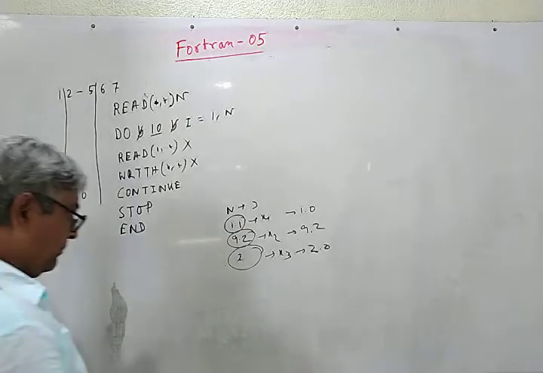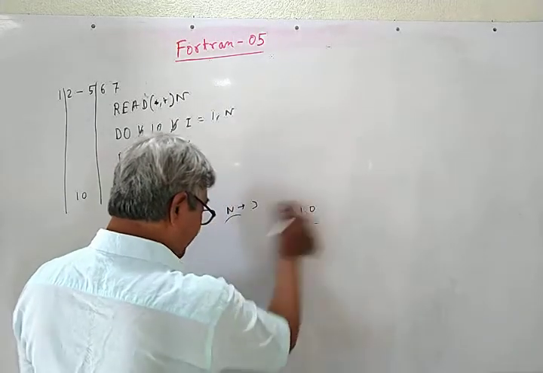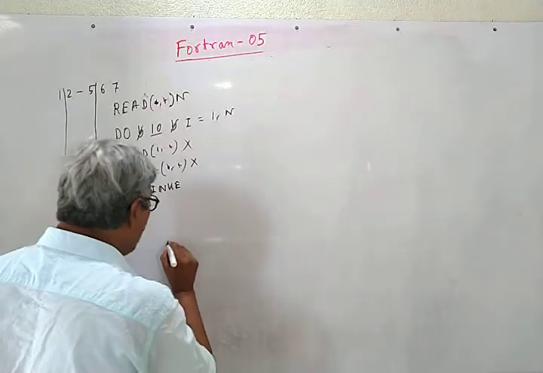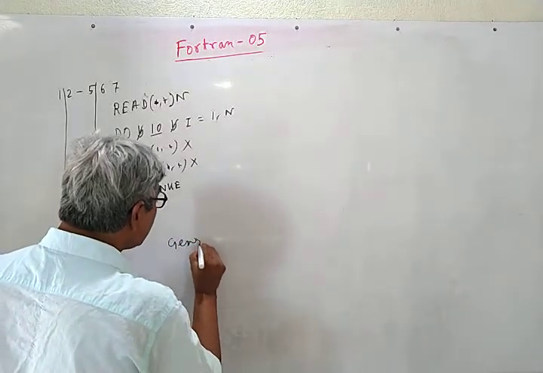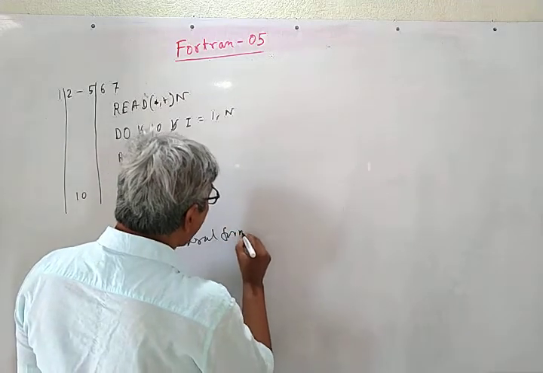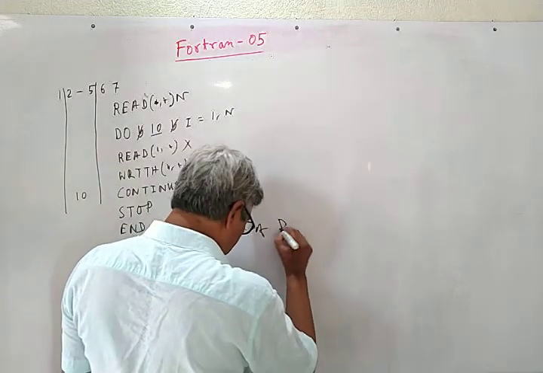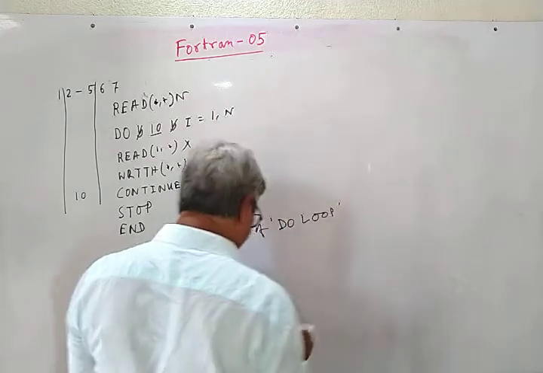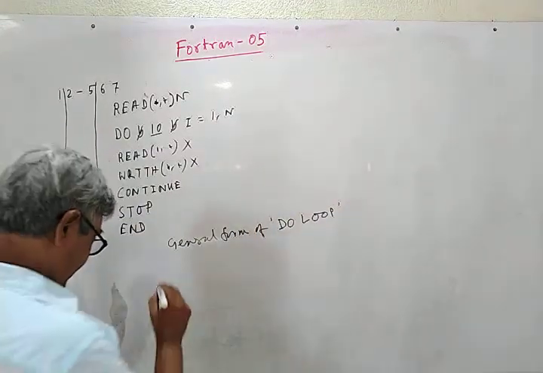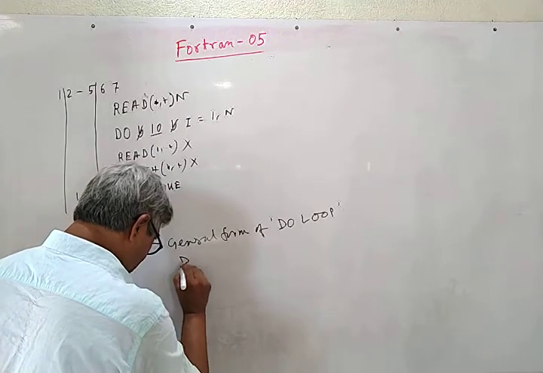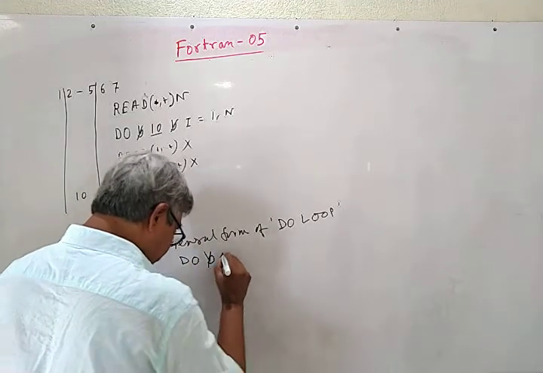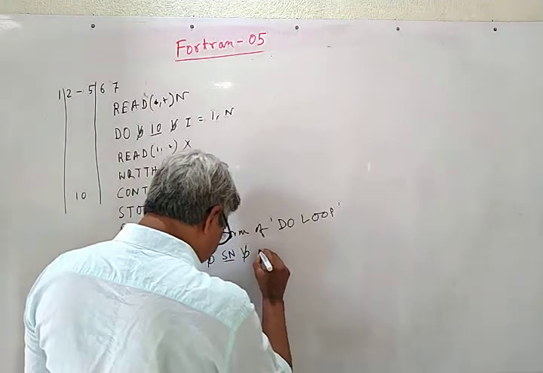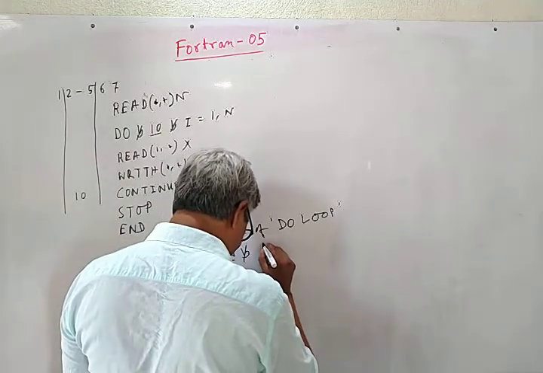So let me now come to the general statement of a do loop. The general form of a do loop is like this. This is a very powerful technique in computer programming. Do, statement number, dummy variable.